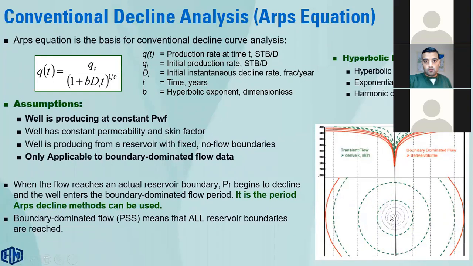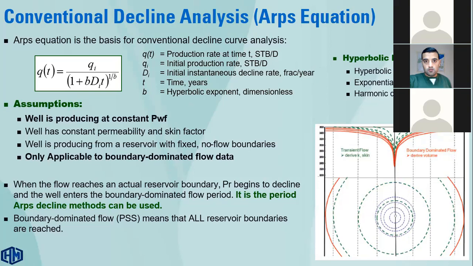This pressure transient will move in the reservoir based on reservoir properties, like reservoir permeability, fluid viscosity, and so on. If this pressure transient doesn't reach the reservoir boundary, in this red color, we have transient or unsteady state flow. Once the pressure transient has reached the reservoir boundaries, we have pseudo-steady state flow, or boundary dominated flow.